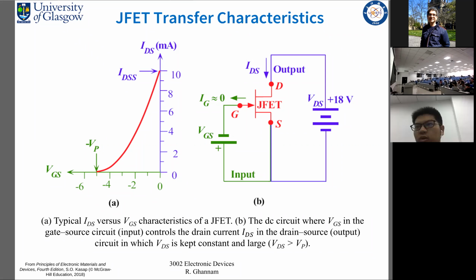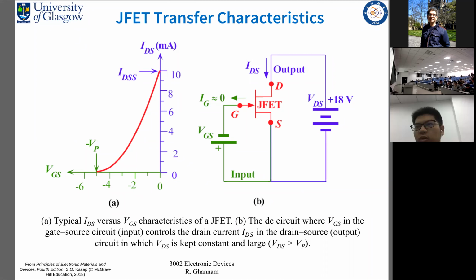So now let's look at the transfer characteristics of a JFET, starting off with the IDS versus VGS characteristics. As we discussed, increasing VGS results in a nonlinear decrease in IDS.